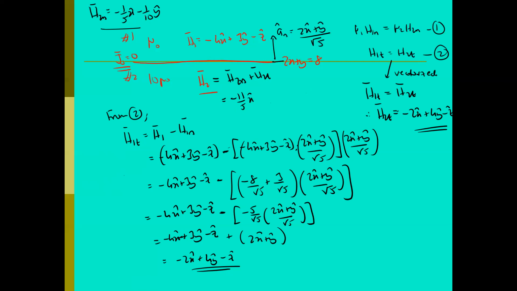Then we have -1/10 of y plus 4 of y, which will give us plus 39/10 of y. And finally we have negative of z. So that should be our H2 vector, which has been produced from boundary conditions number 1 and number 2. So that is H2.